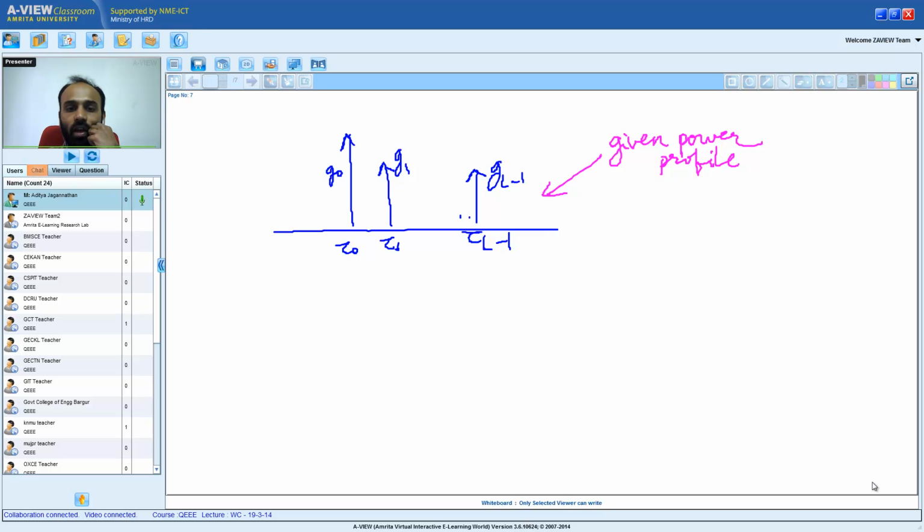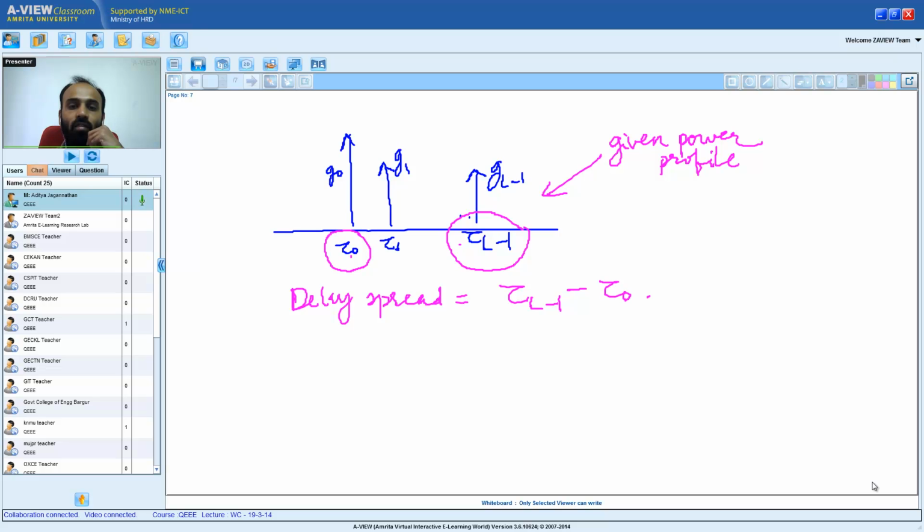Well, one way to characterize the delay spread is obvious. I take the first arriving path and the last arriving path, that is tau 0 and tau L minus 1, and I simply say that the delay spread equals tau L minus 1 minus tau 0.